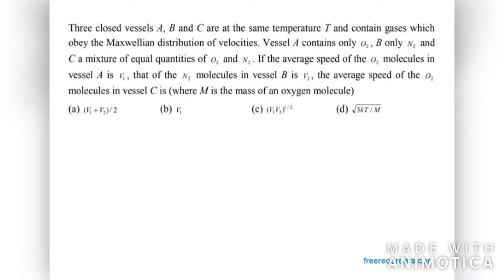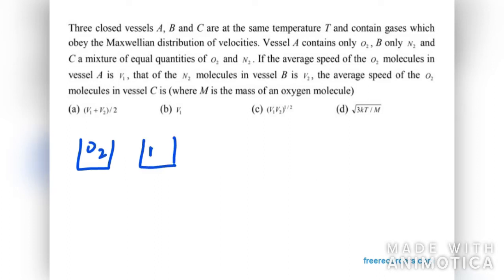Now we have three closed vessels, A, B and C, at the same temperature T, containing gases which obey Maxwellian distribution of velocities. Vessel A contains only O2, B only N2, C is a mixture of O2 and N2. So we have three boxes. Let's make some visuals.